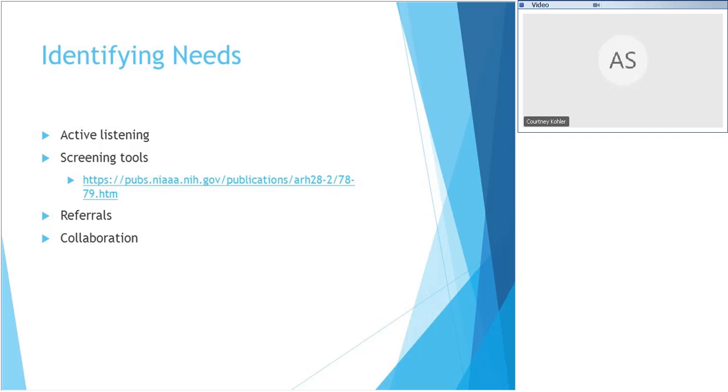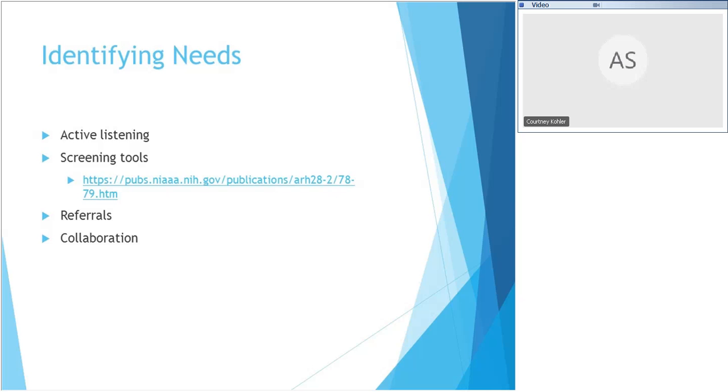But if you're going to use these screening tools, just like the doctors, you'll need to have a knowledge of the resources that are available in your community to connect people with services if they do need them. And I think there will probably be a better opportunity during the follow-up call for me to, if you have specific questions about who provides services in your area, I can connect you with your state agency and they can give you a better idea.